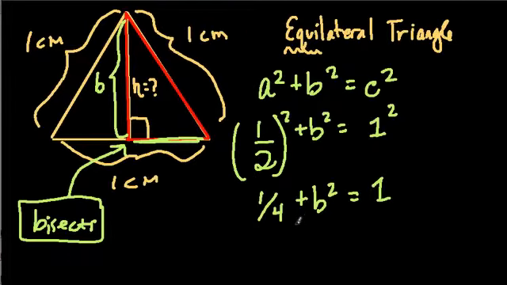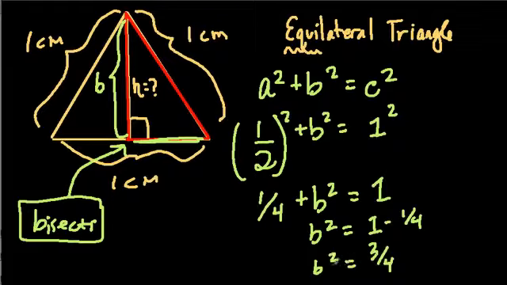The reason I do this is, I know that b squared plus 1/4 gives me 1. So 1 minus 1/4 has to give me that missing something. I'm using inverse operations here. So 1 minus 1/4 equals b squared. And if we take a fourth away from a whole, we have 3/4 left over. So b squared equals 3/4.